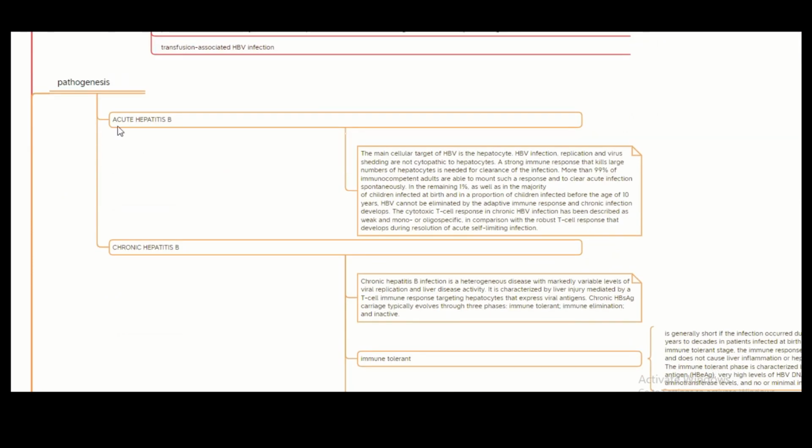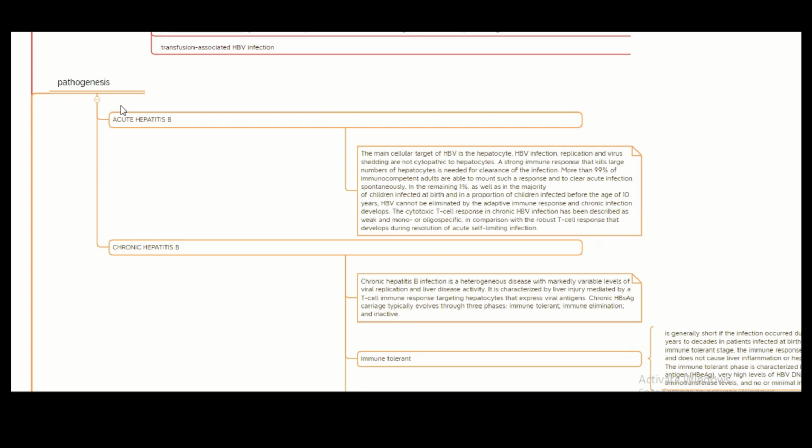The pathogenesis of hepatitis B can be classified into acute hepatitis B and chronic. During the acute phase, the main cellular target of the hepatitis B virus is hepatocytes. These hepatocytes will be infected by the virus, but the replication and the shedding of the virus within the cell are not cytotoxic or cytopathic.